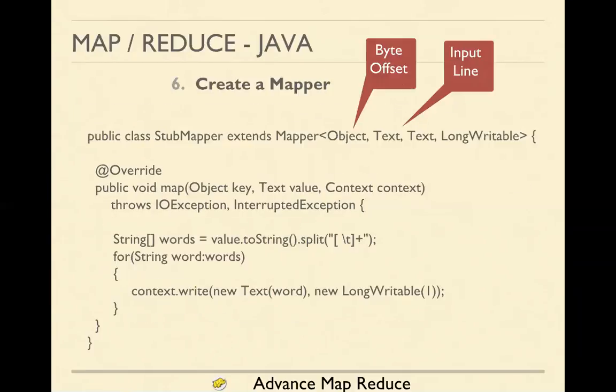Now that was the mapper's definition, whereby all we were trying to do is take the line, split it by tab, and then do the magic. We could convert it to lowercase, remove special characters, or do various kinds of magic like reversing each word and putting it out here.